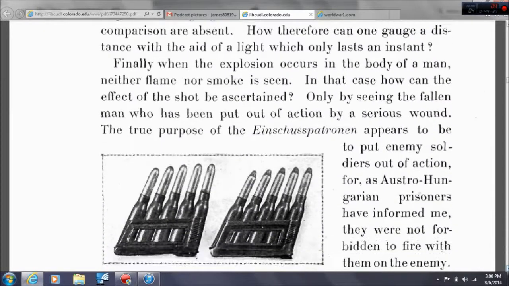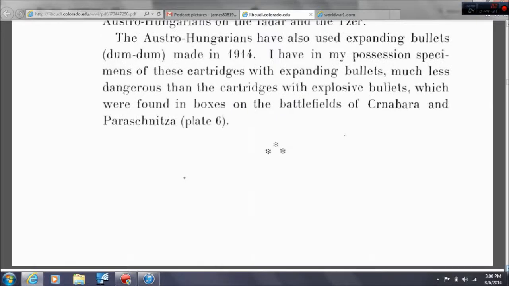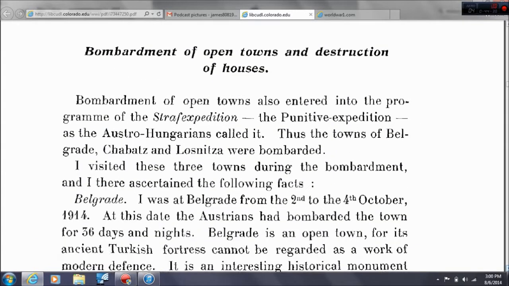Among much of the leadership, and these are just more images of the shells here, the Austrians were committed to the destruction of Serbia as a political power. And as this report indicates, the Austro-Hungarians were committed to doing this in total disregard of the rules of law.